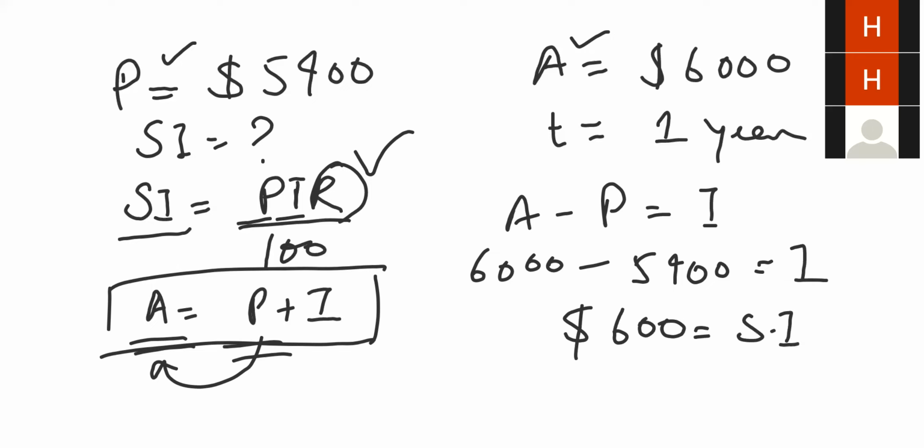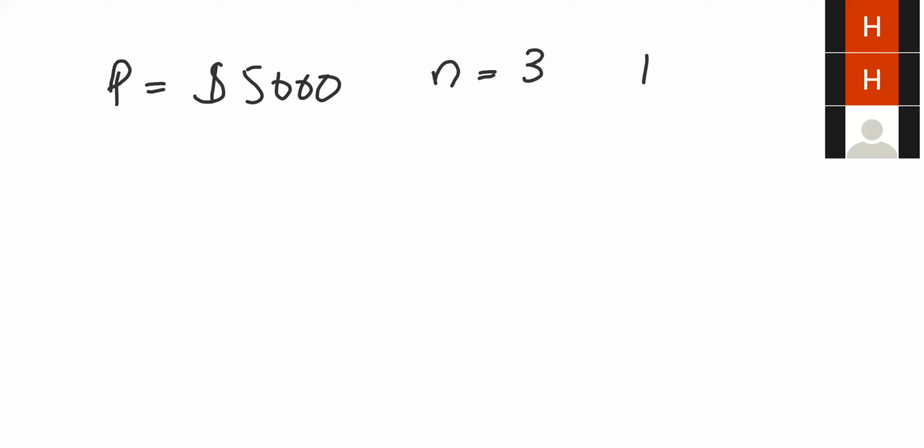All right. So now moving towards another question about our compound interest. They say find the compound interest on $5,000, which means our principal amount is $5,000, for 3 years, which means T, or in this case our N, is equal to 3, at 8% per annum, which means our rate is 8%.